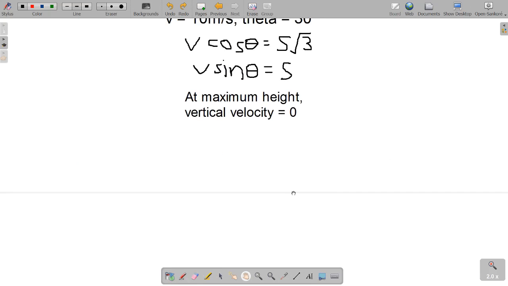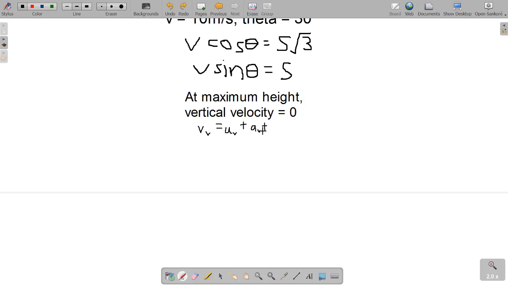I'll do this here. We use v equals u plus at. v subscript v, for v vertical, equals u subscript v, the vertical, plus a subscript v t.